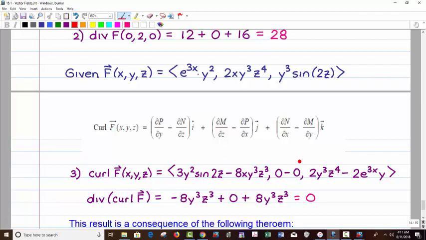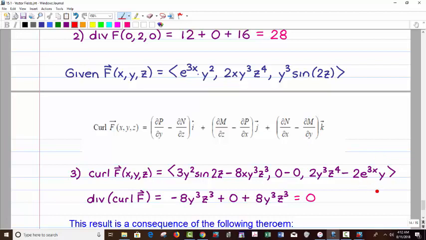The question wasn't asking that, but I just wanted to mention that. And then the last one will be nx, so it'll be 2y cubed z fourth minus the my, first one with respect to y will be 2e to the 3xy.